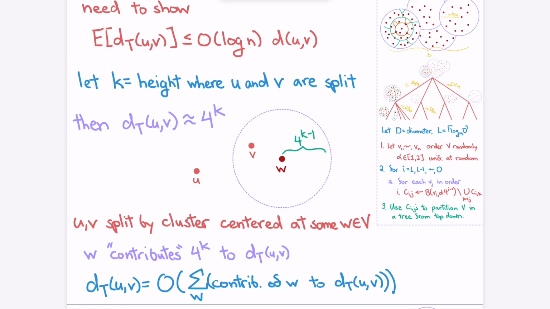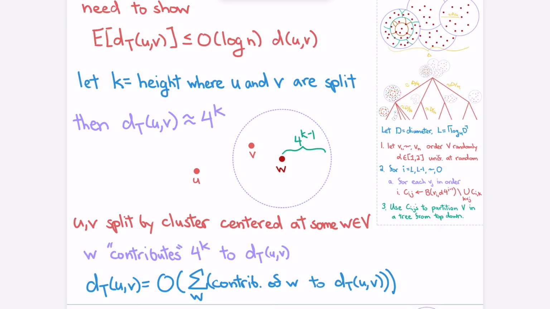So when W is the center of the cluster that separated them, and if the radius was 4 to the k or something, then I'll say that W contributed 4 to the k to d_T(u,v). Contribute is just some awkward word I made up.